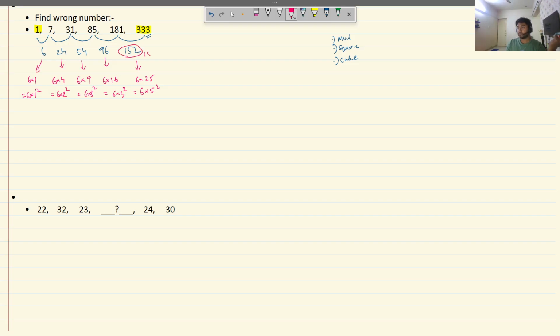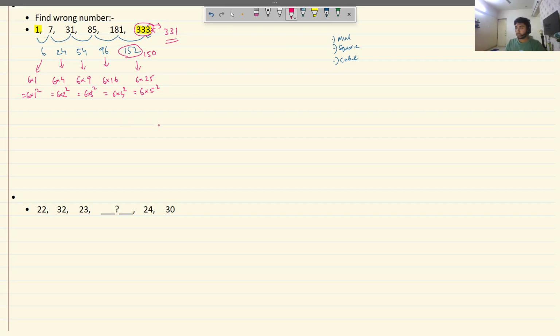The difference should be 150 and not 152. If the difference should be 150 instead of 152, that means this is my wrong number and it should be 331. That is my answer.